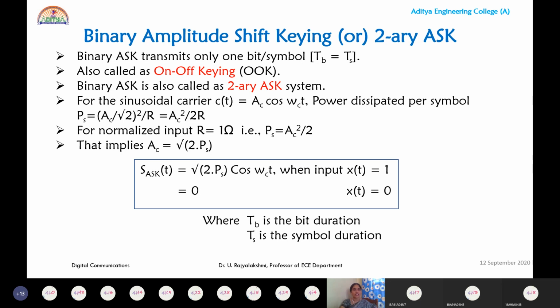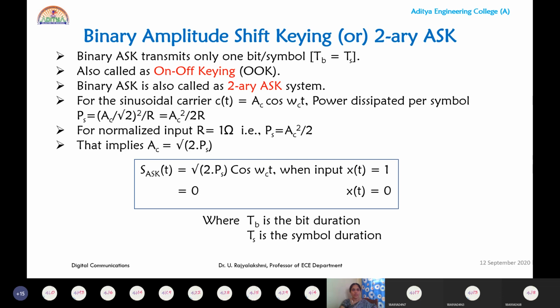That's why it is also called 2-ary ASK, meaning it has two possibilities of transmitting the signal. Because we are transmitting only one bit per symbol, you can transmit either 0 or 1.